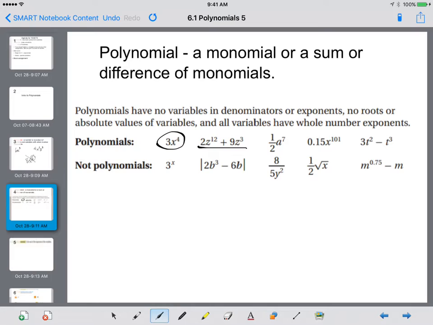So again, it can be more than one monomial being separated by a sum or a difference, so addition or subtraction. Not polynomials would have maybe variables as exponents, or fractions with exponents in the denominator.